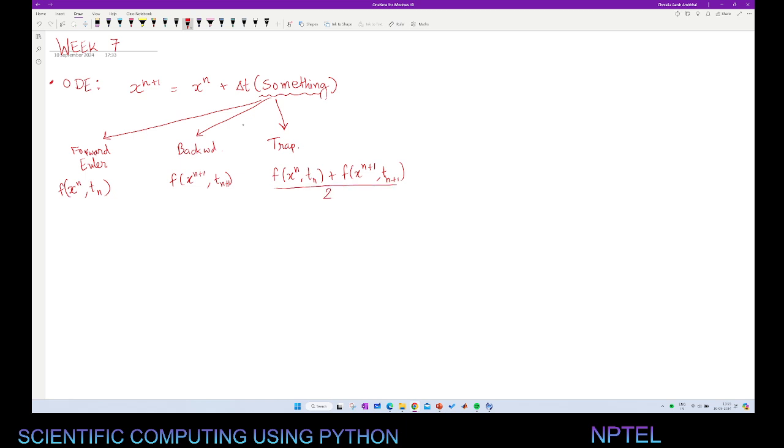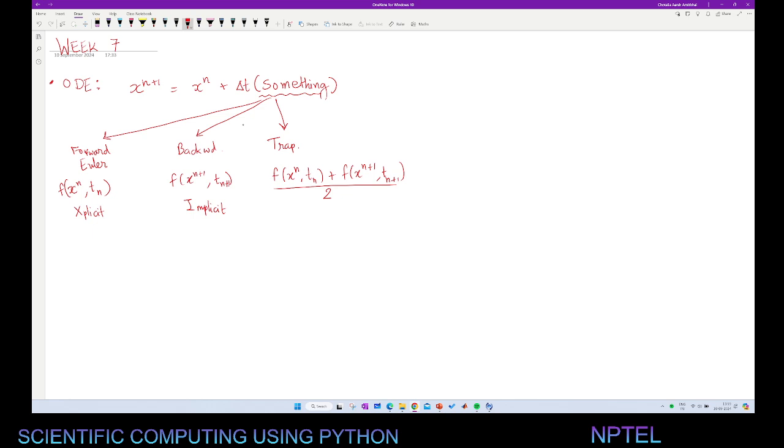Again, this is explicit. This is implicit. Why? Because x_{n+1} is in terms of x_{n+1}. So there is some equation which has to be consistent, so it has to be solved such that x_{n+1} makes some sense.